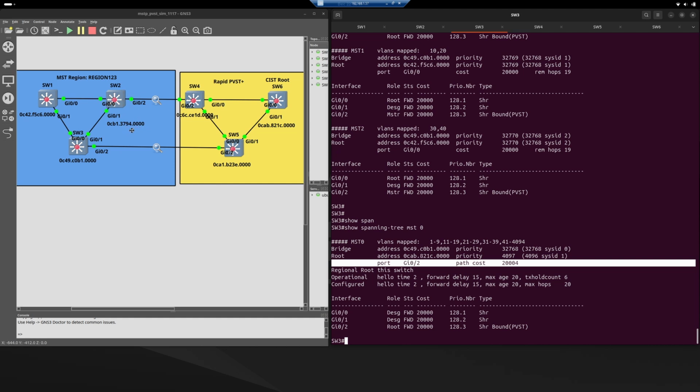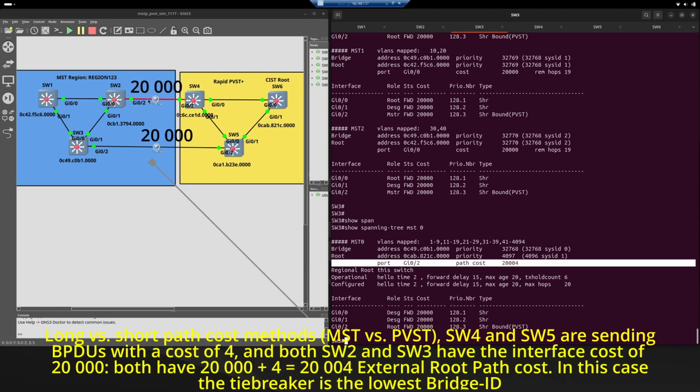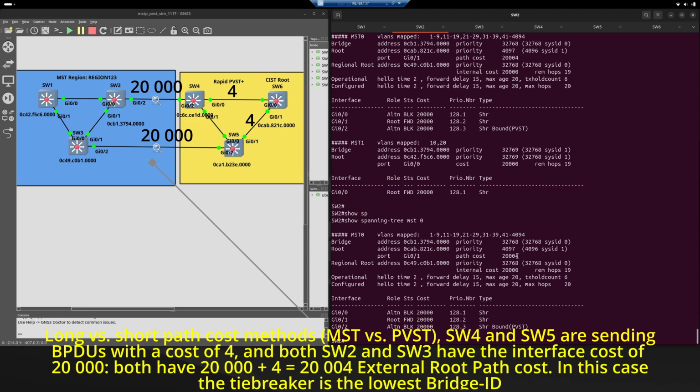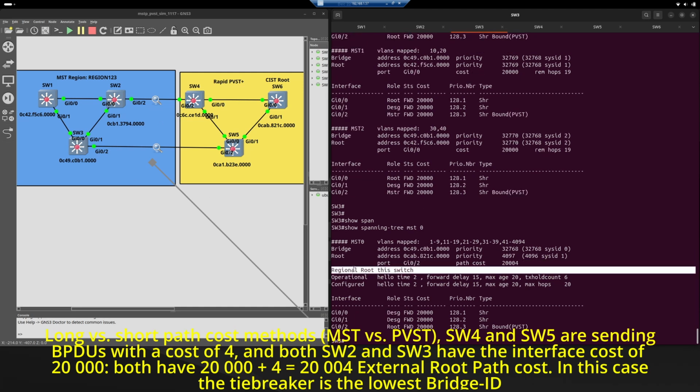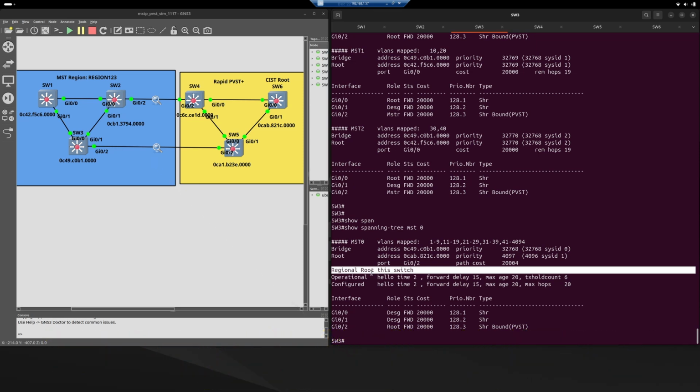So 20,000 is the cost of this link, and 4 is the cost of this gigabit link. So both of them have the same cost, but this one has a lower bridge ID. So switch 3 was elected as the regional root for instance 0, or the IST root.